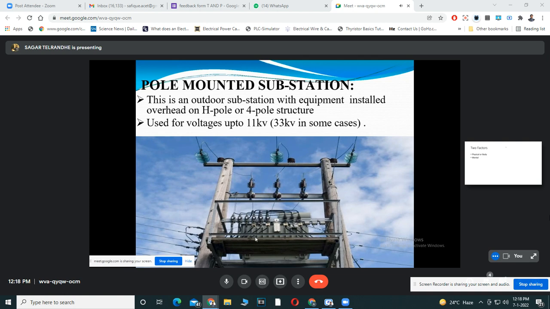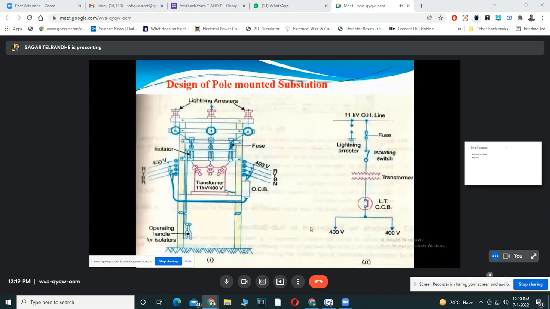The supply of 33 kV or 11 kV is given to this huge transformer, and then the secondary of this transformer is fed to the load. Then the diagrammatic view of this pole mounted substation.